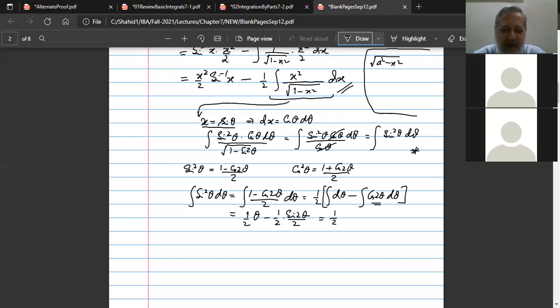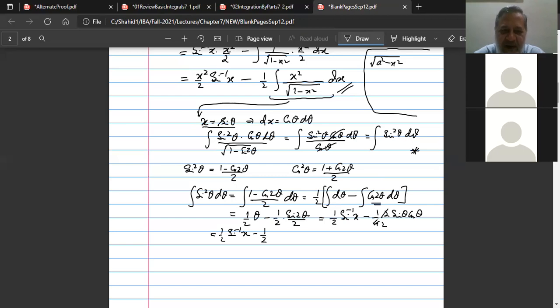Theta can be directly written as sin inverse x, minus 1 upon 2, rather it should be 4. Sin 2 theta we should write in the form of 2 sin theta cos theta. Sin theta will be directly x, and this 2 cancels with this 4.